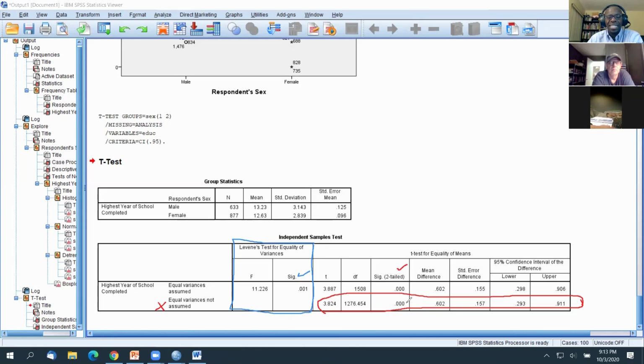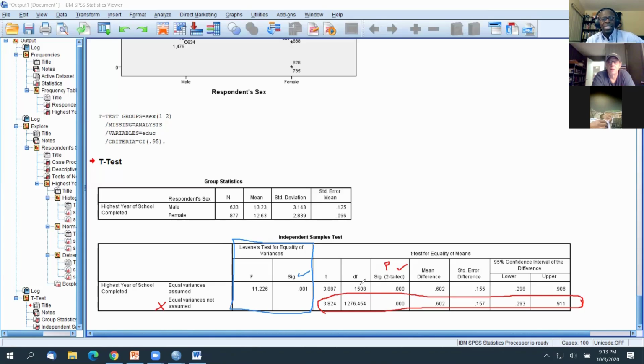And because this is less than 0.05, this is the p-value, right? Anytime you see sig, that means p-value. And because this is less than 0.05, that means there is a statistically significant difference between the average number of years completed for school between males and females. Okay? This is what this means.